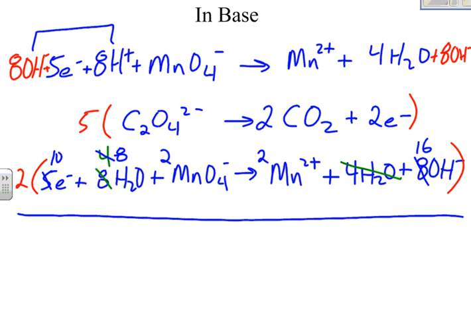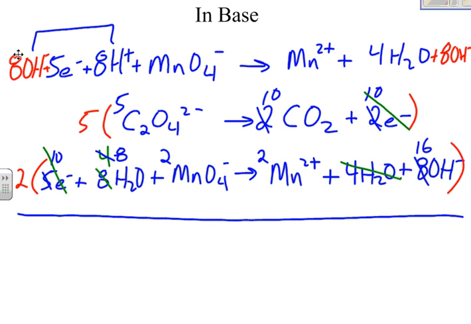And up top, we multiply by 5. We get 5 oxalates, 10 carbon dioxides, and 10 electrons. We go through and cancel things out. Again, our 10 electrons will cancel out on each side. And I believe that's all we're going to get canceling.